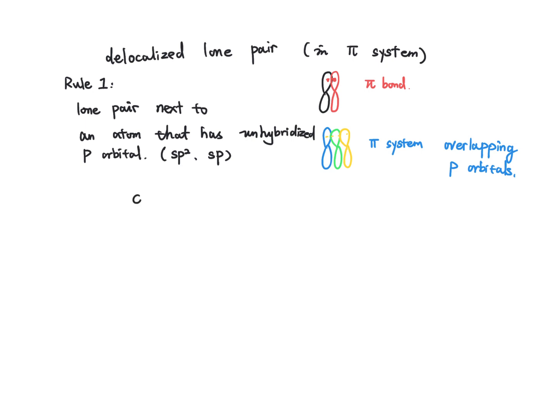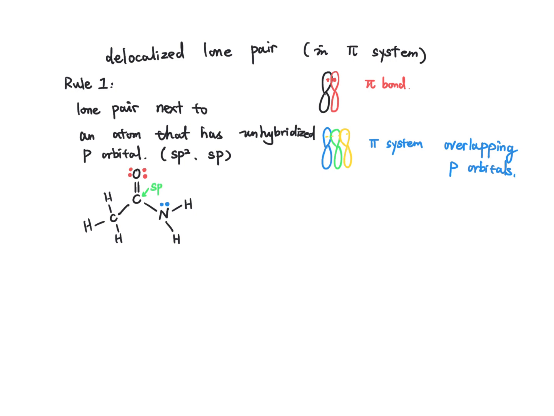If we have a molecule that looks like this, on one side this carbon is definitely sp3, and then here, instead of carbon, we have one nitrogen. We know a neutral nitrogen has 3 bonds and 1 lone pair. So we already know these lone pairs are localized. And this lone pair, we don't know yet, but it's on this nitrogen. What we are going to explore is the next door atom, this carbon right here.